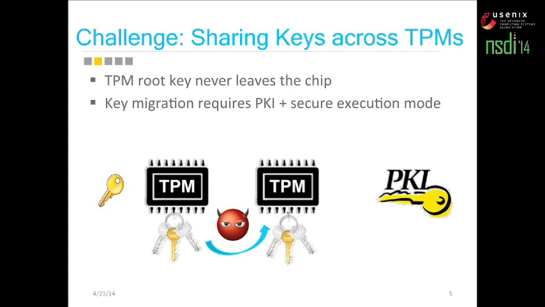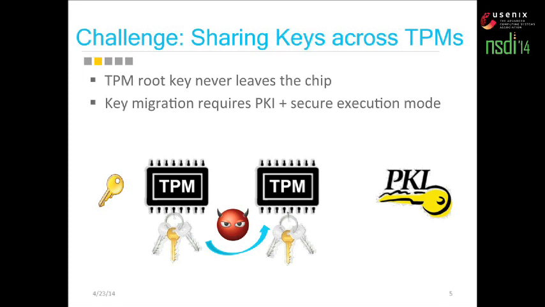Let me use this animation to illustrate why this is the case. In the beginning, a set of root keys are installed by the TPM manufacturers before the TPM chips are shipped to the customers. After that, these root keys are guaranteed to never leave the TPM chip.